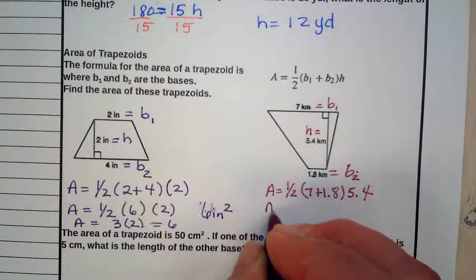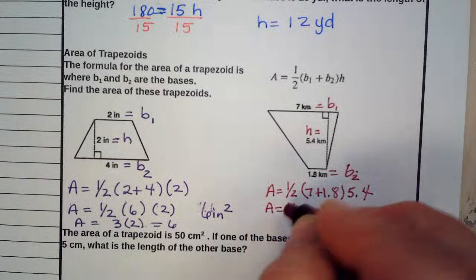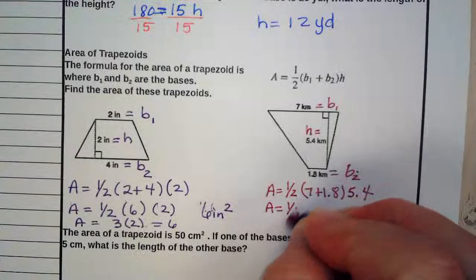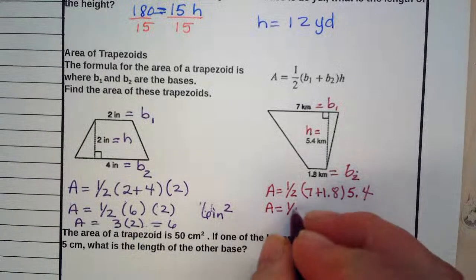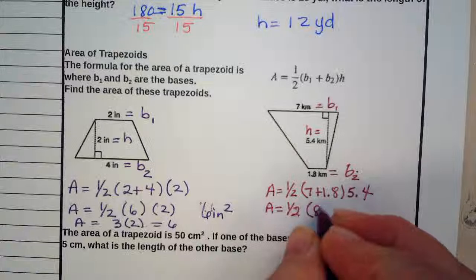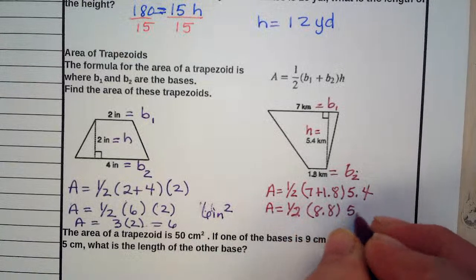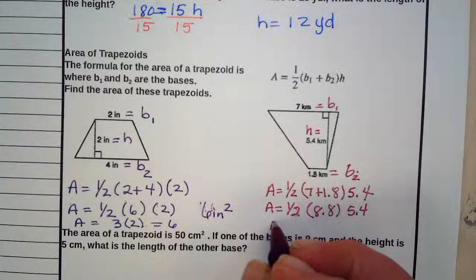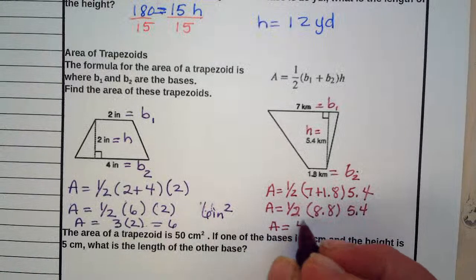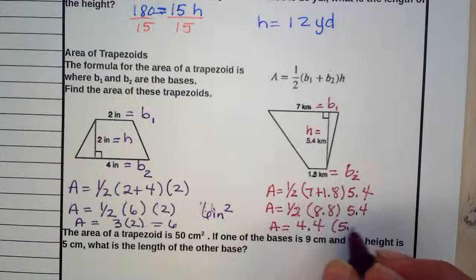My area is 1/2 of 7 plus 1.8 would be 8.8, times 5.4. 1/2 of 8.8 would be 4.4 times 5.4.